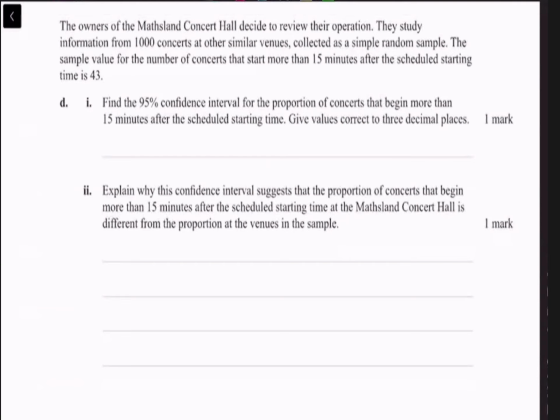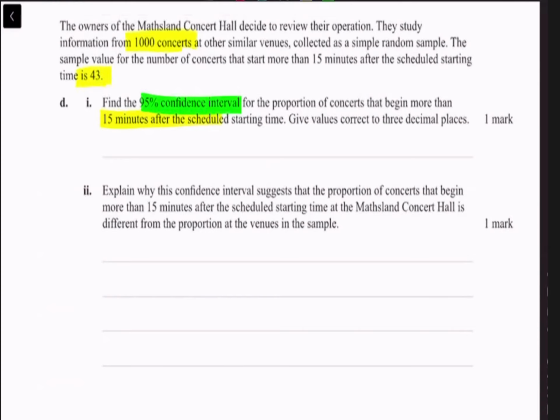So it's asking us for a 95% confidence interval for the proportion of concerts that begin more than 15 minutes after scheduled time. In this case, they're telling us that there's 1,000 concerts, so our n value is 1,000 because that's how many they've taken in the sample. And the sample value is 43.